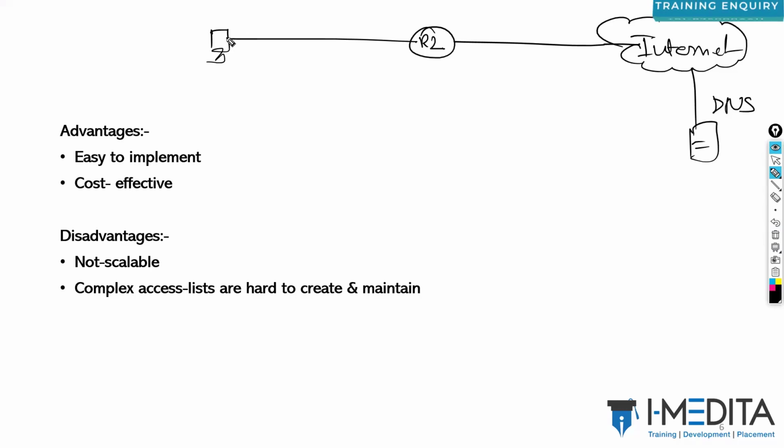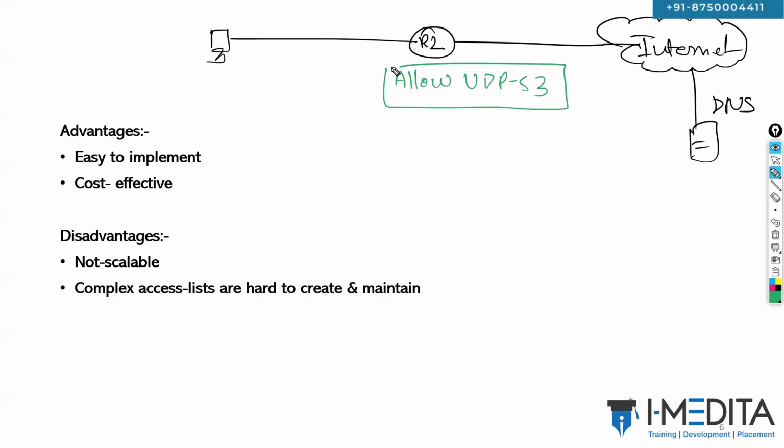Now, the client wants to access DNS, so we need to allow UDP 53 at this router.